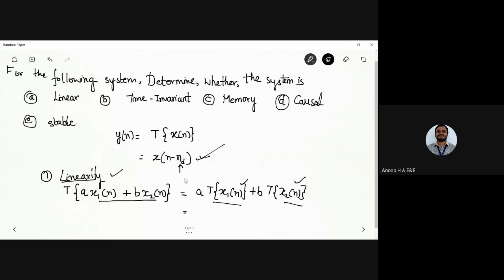Now what I can see here is the time shifted version of it. So for the linearity function, x of n has already been defined as a into x1 of n plus b into x2 of n.